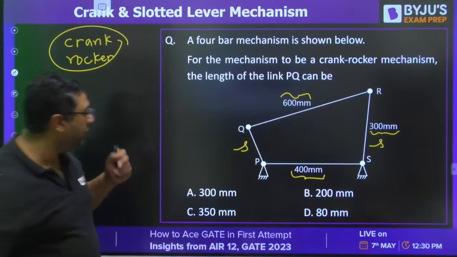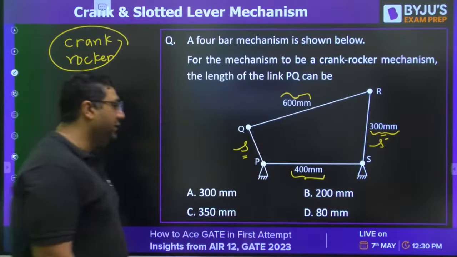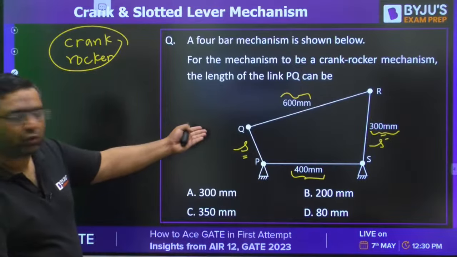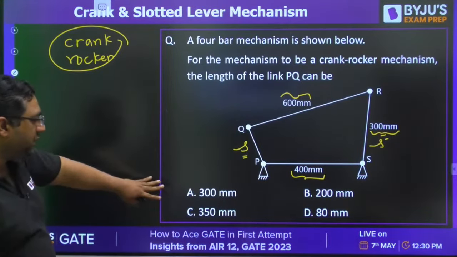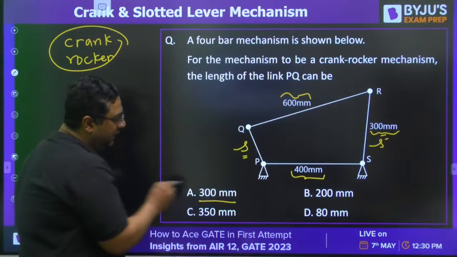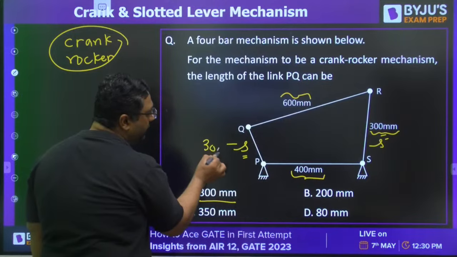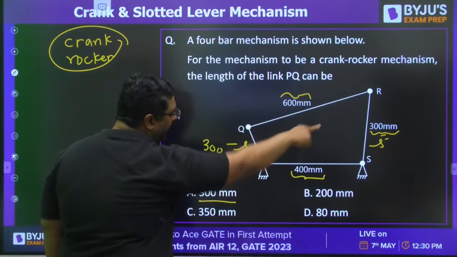If you are going to have either this as shortest or this as shortest, then obviously one should be rotating. If both are shortest, then it will be double crank. So you can also check the values. If you give 300 mm, then shortest plus longest is 900, and this is 300 plus 700.